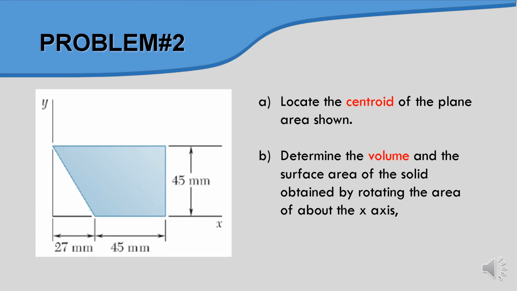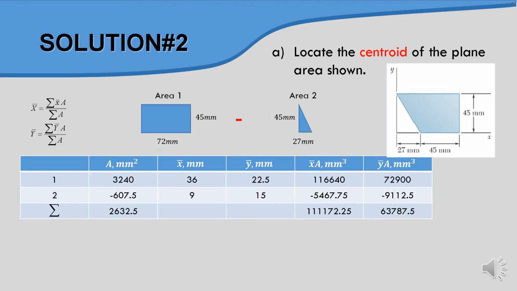So for problem number 2, in this diagram, part A asks us to locate the centroid of the plane area shown, and part B, determine the volume and the surface area of the solid obtained by rotating the area about the x-axis. So for part A, we already covered it in the previous part, so the location of the centroid is determined by using two methods.